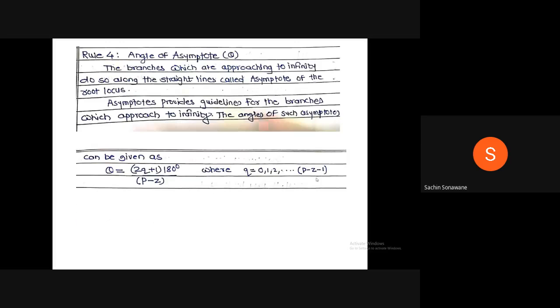Now consider how to find the angle of asymptotes, that is theta. Consider this equation: C(s) upon R(s) is equal to K divided by s into (s plus 1) into (s plus 2). Here P is equal to 3 and Z is equal to 0. Therefore, substitute the value in (2q plus 1), where q is 0, 1, 2, 3 and so on. How many poles are there?